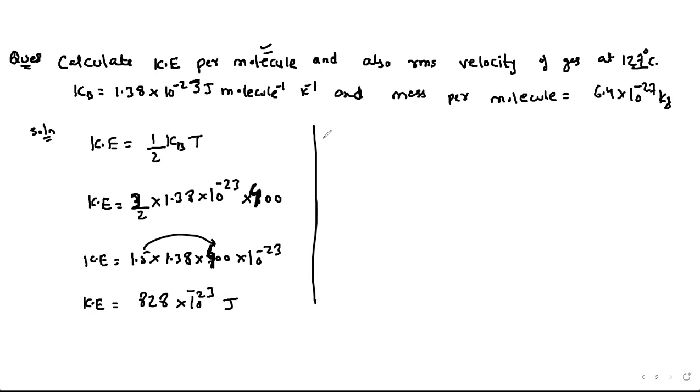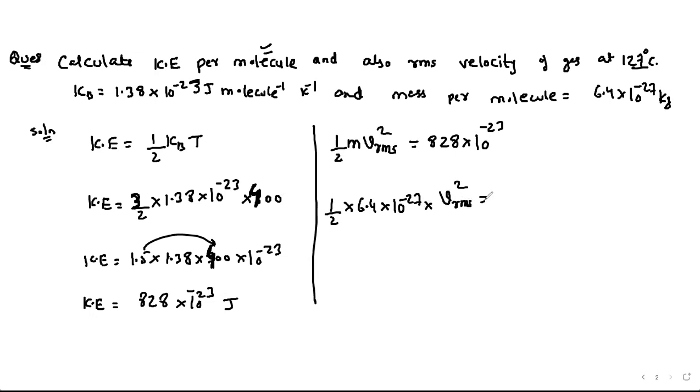So once you have the kinetic energy, you can calculate: half m into VRMS square is 828 into 10 raised to the power minus 23. So this is half into m. The mass of one molecule is 6.4 into 10 raised to the power minus 27 into VRMS square, equal to 828 into 10 raised to the power minus 23.